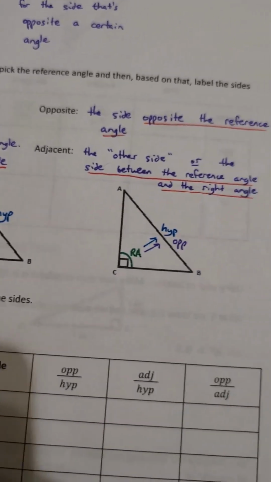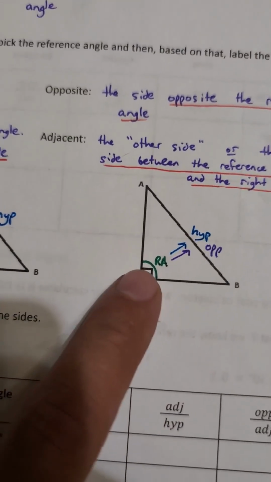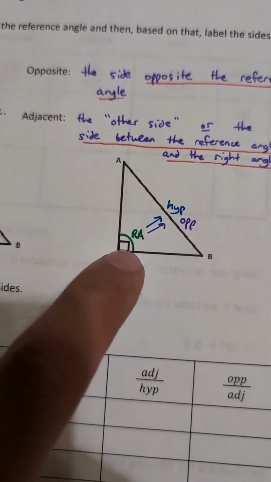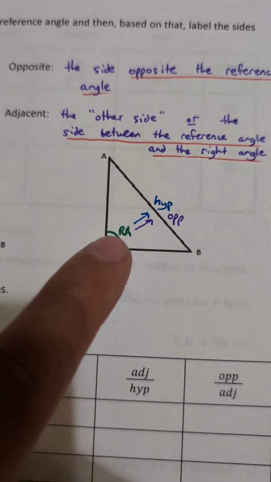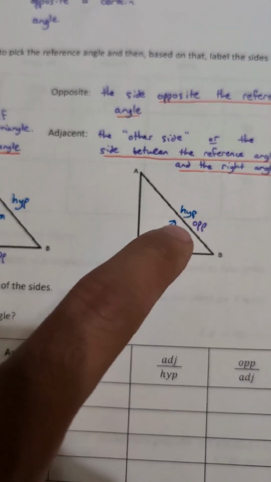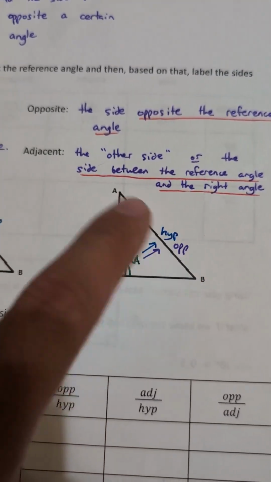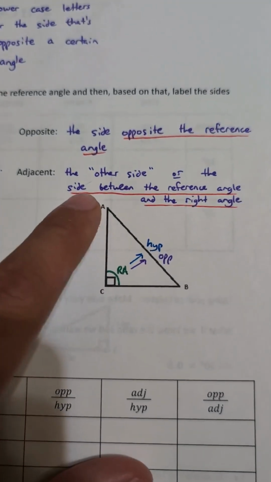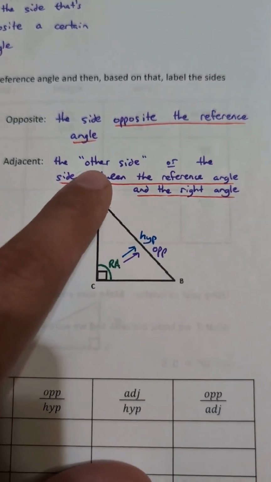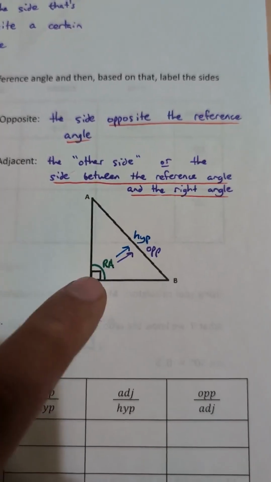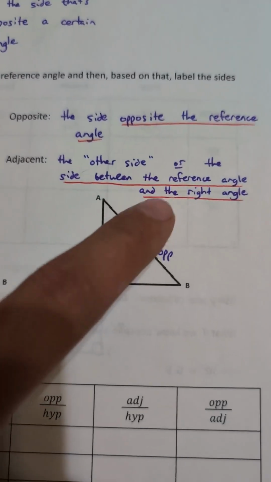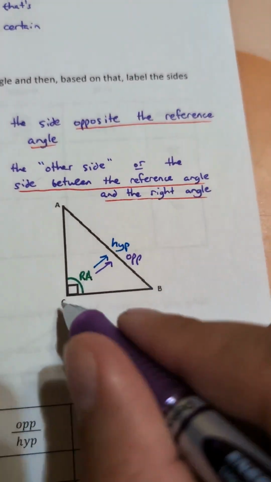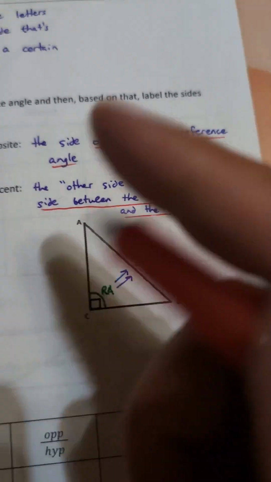Now the issue, if I try to pick this as my reference angle, hypotenuse is across from the right angle, opposite is across from this reference angle, so both sides end up being the hypotenuse. And then adjacent doesn't really make any sense here anymore. There's no side between the reference angle and the right angle, so this triangle here just doesn't work.